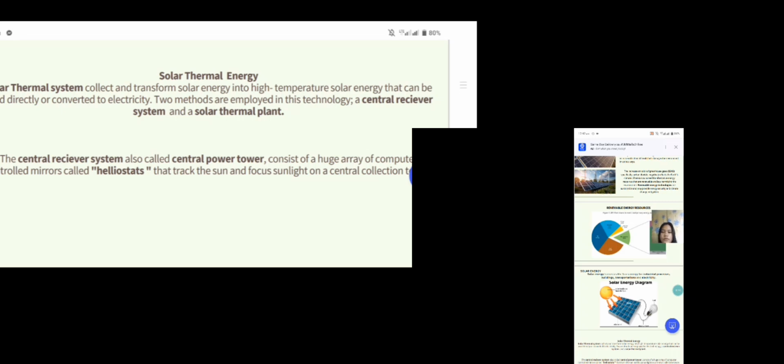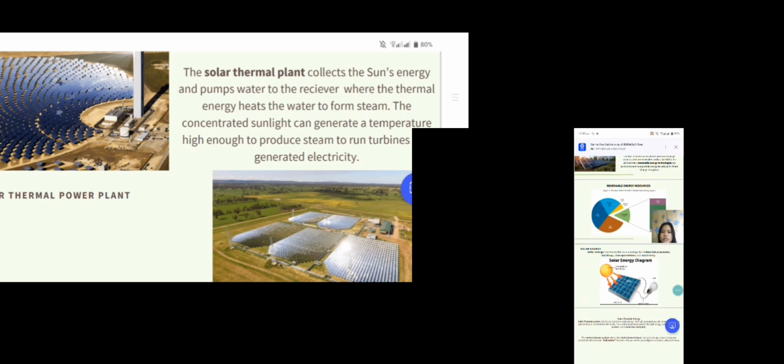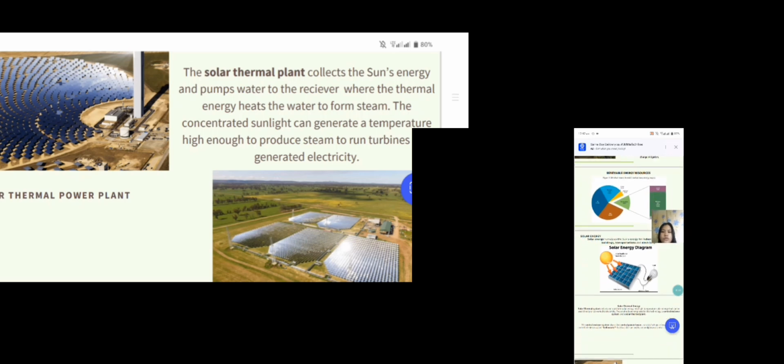There is now a need for alternative energy resources that are renewable and less harmful to the environment. Renewable energy technologies are sustainable and may provide energy security and climate change mitigation. And these are the renewable energy resources.